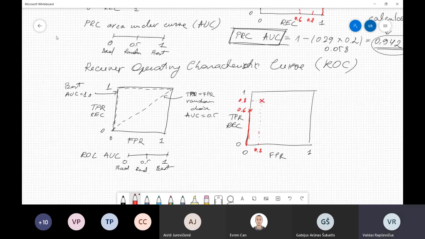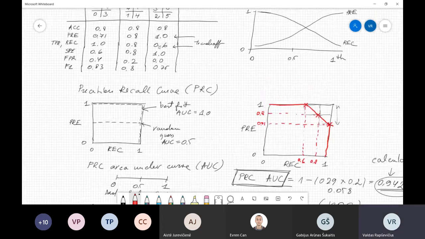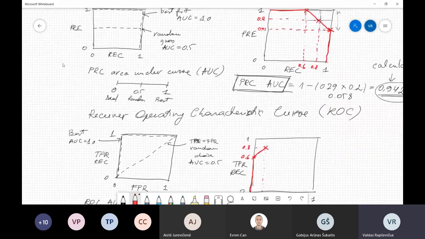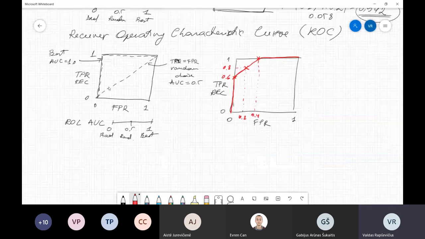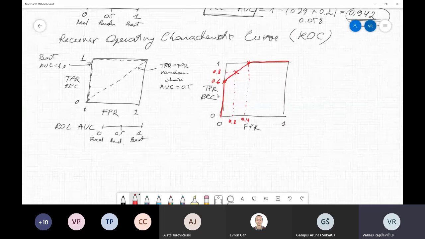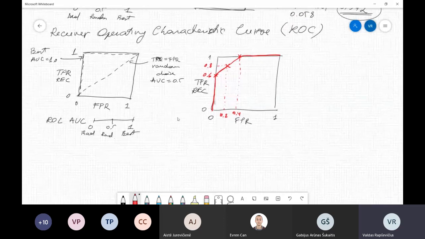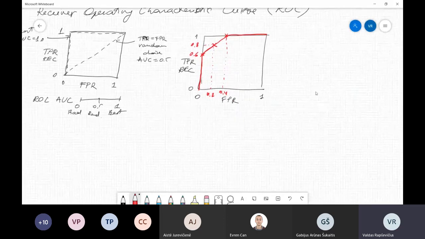So we are here. Curve moves like that, right? And now we have 0.4, and recall goes to 1. Right. So here we have a point as well from our classifiers, and this is 0.4. Okay, up like that. Okay, so this is a curve. This is not bad, right? A ROC curve. It's moving like this. It's not perfect, obviously, but it displays some kind of a metric, right?